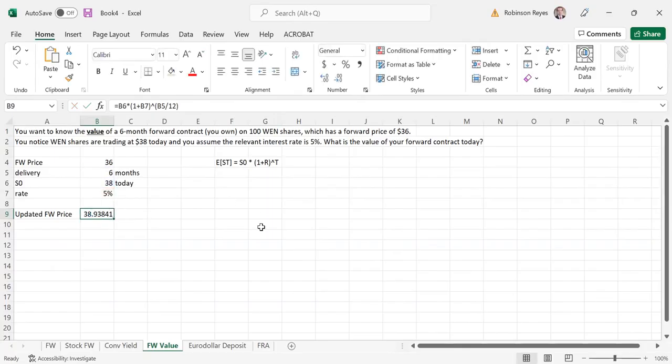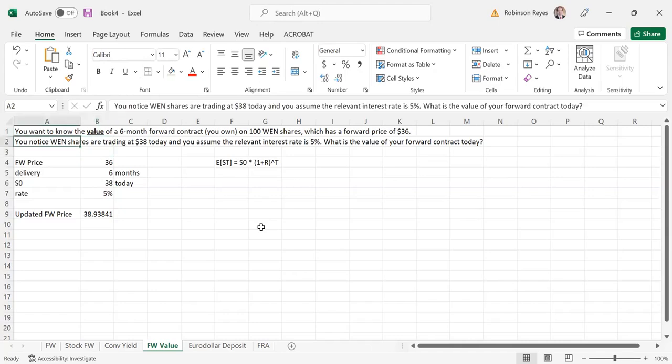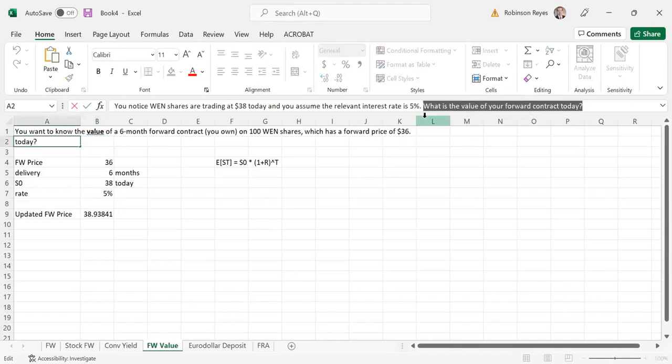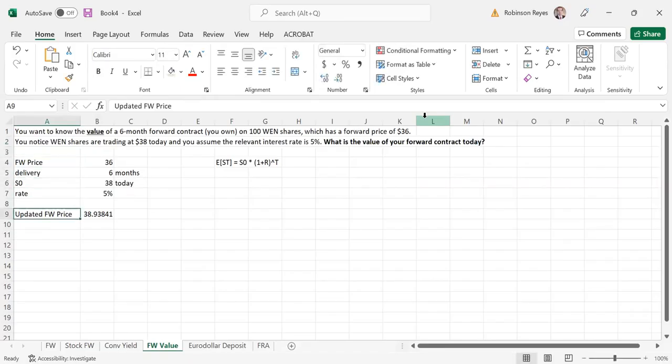So there we go. We have this price, which is 38.93. Now that's the updated price, but that's not the solution to the question. The question is asking what is the value of the forward contract. So once you know this, there is a difference now between the updated forward price and the price that you paid for this forward contract, right?